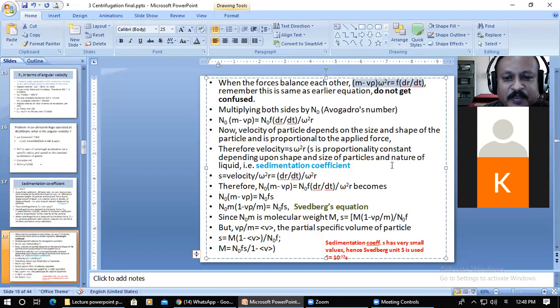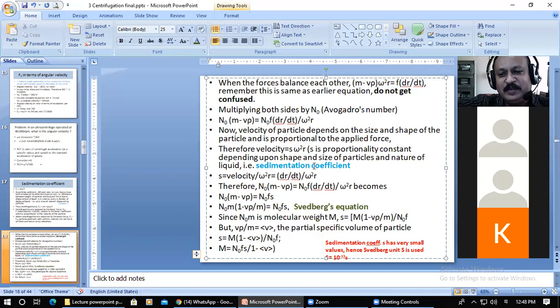Mole. Yes, Shubhangi. It is not the molecular weight. Avogadro's number is the number of atoms or molecules which are present in 1 mole of any substance.